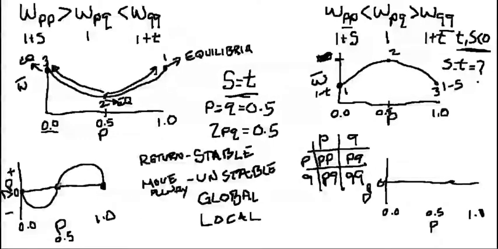So what we can see is that if I move myself a little bit away from p equals 0.5 in this direction, I'm going to move over here to the loss of the p allele. If I move myself just a little bit over this way, I'm going to lose my q allele, my A2 allele, and I'm going to fix the A1 allele. Therefore, this equilibrium has to be unstable.